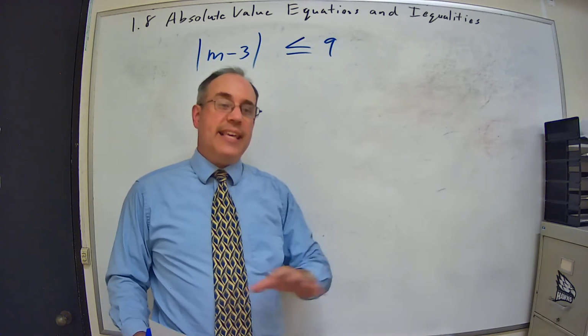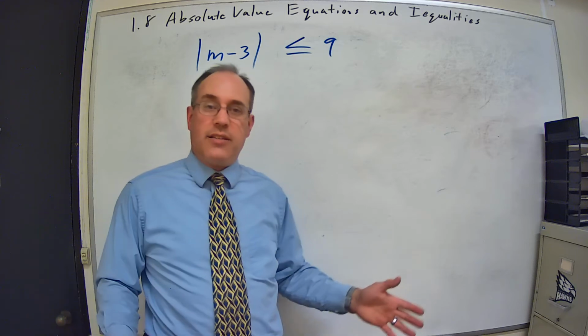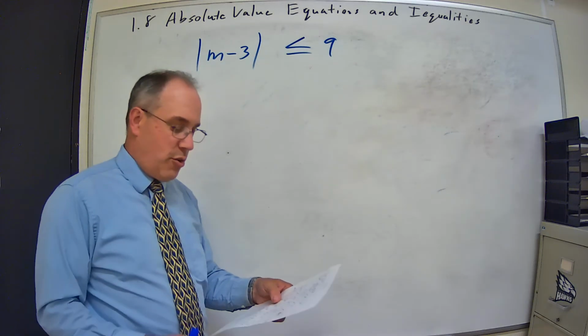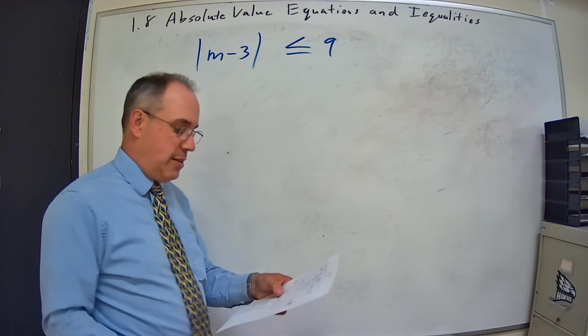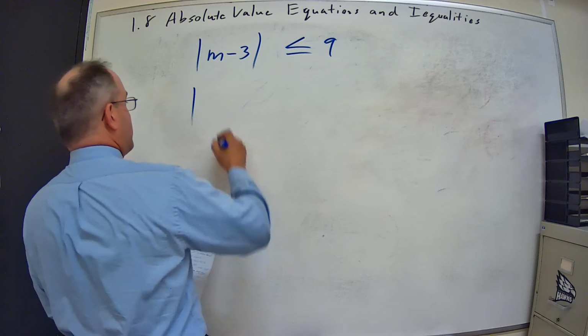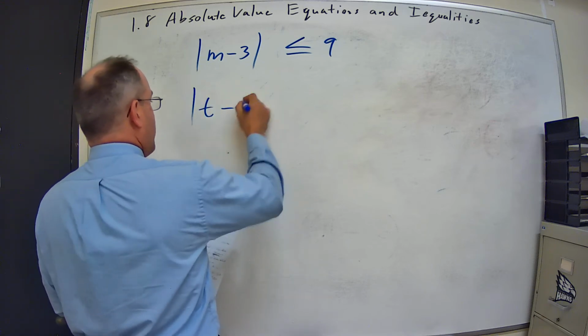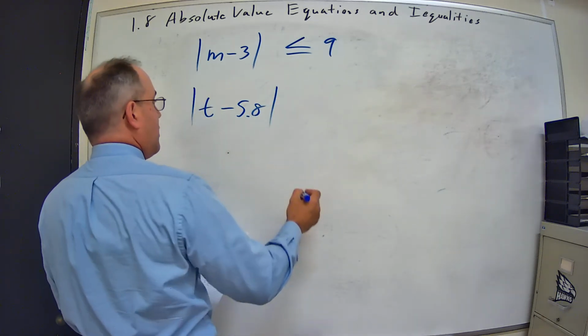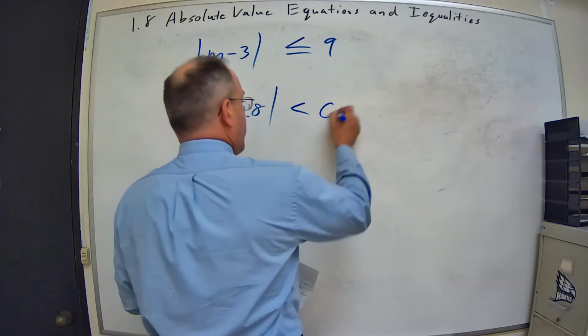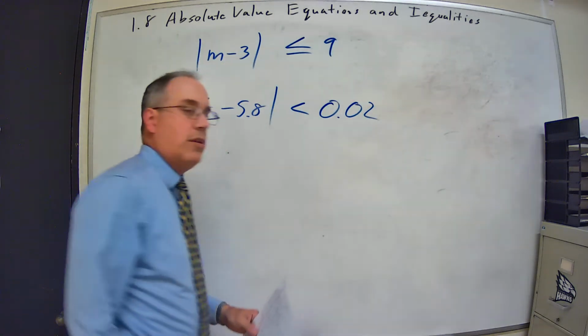So I can't be equal to that, I have to be inside of it. So that was T is within 0.02 units of 5.8. So I'm saying the distance from T to 5.8 must be less than 0.02 units.